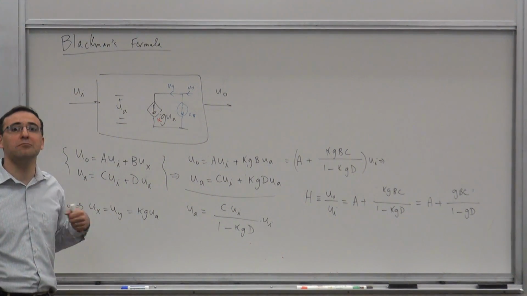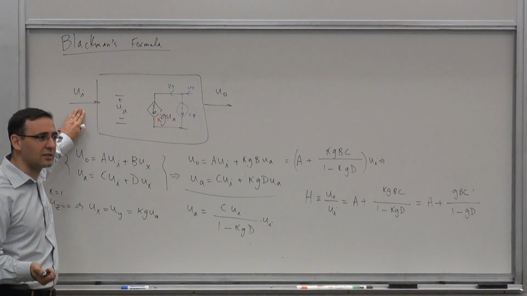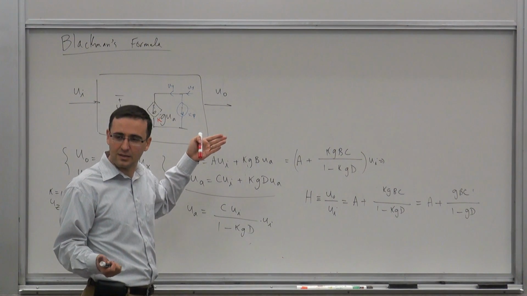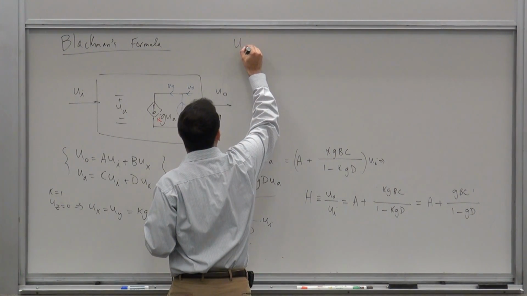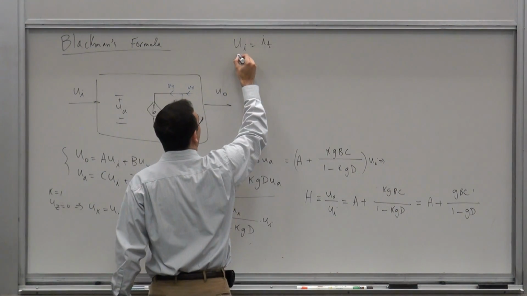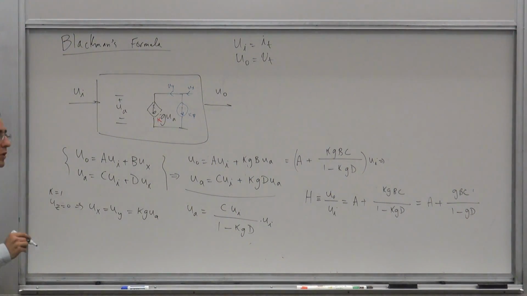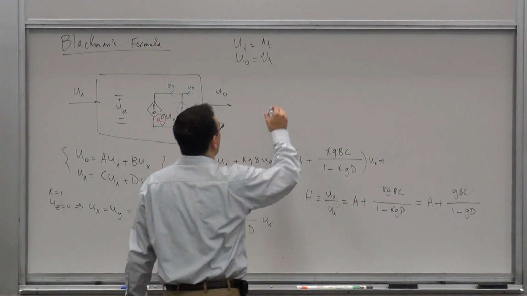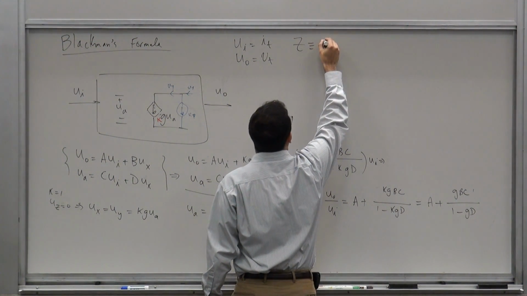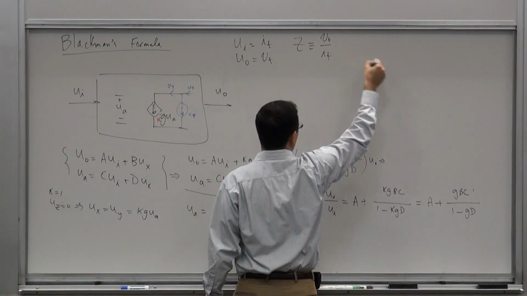If I'm interested in an impedance determination, then the input has to be a current and the output has to be a voltage, so the ratio of a voltage to a current gives me an impedance. If UI is the port current and UO is the voltage of the same port, then I can define Z, which is defined as VT over IT, to be this transfer function.